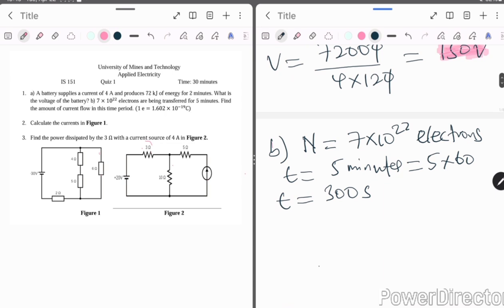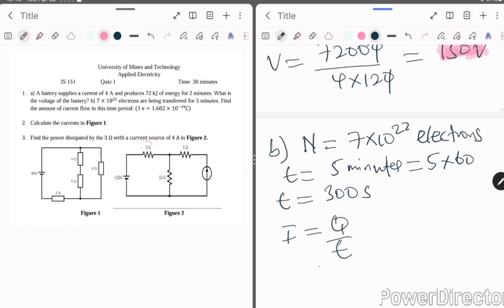Now we have to find the amount of current flow in this time. So we know that current is the rate of flow of charges, meaning it's going to be charge over time. You can see here we are given electrons.